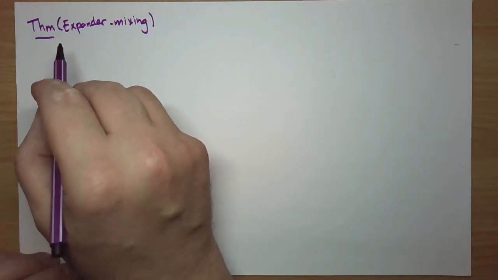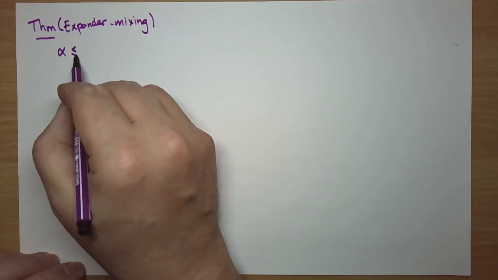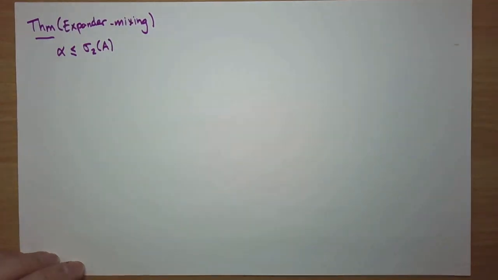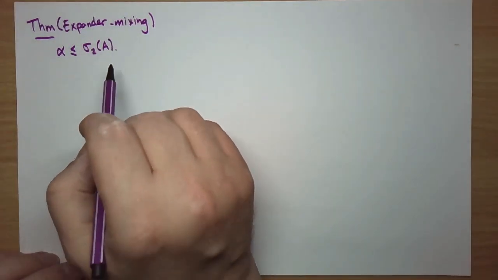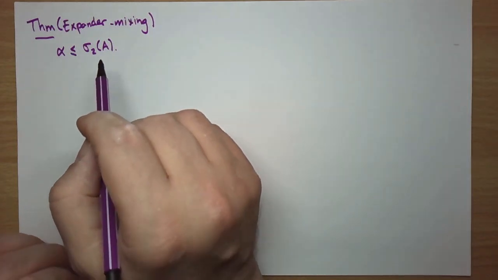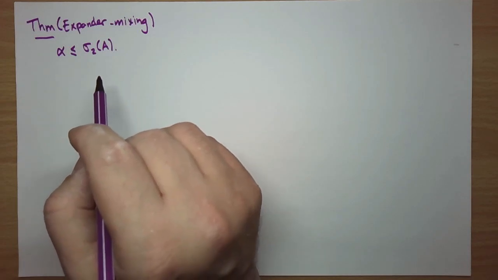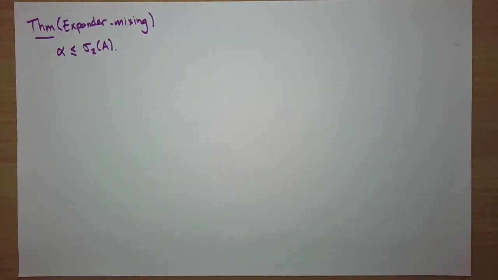It says the following: alpha is less than or equal to sigma 2 of A. Usually it's not written this way. Sigma 2 is shorthand for the second largest singular value. We talked about sigma, that's the largest singular value, and so sigma 2 of A.